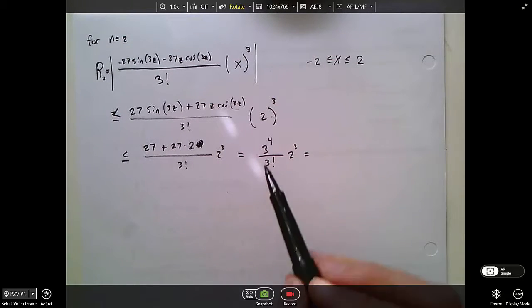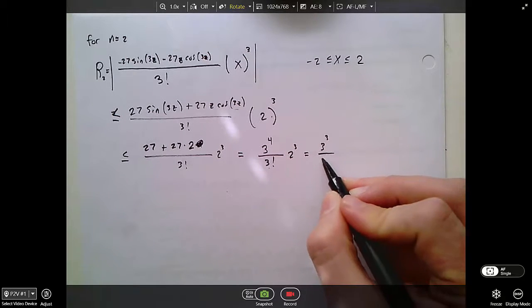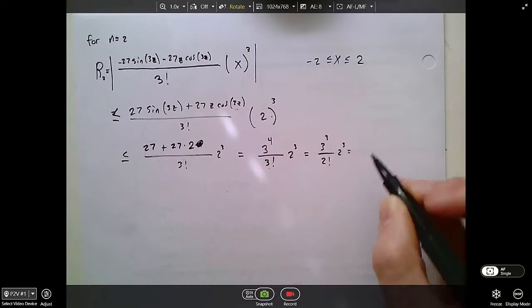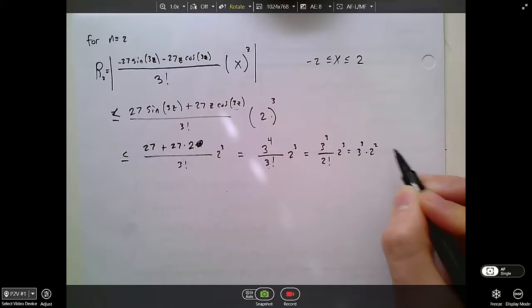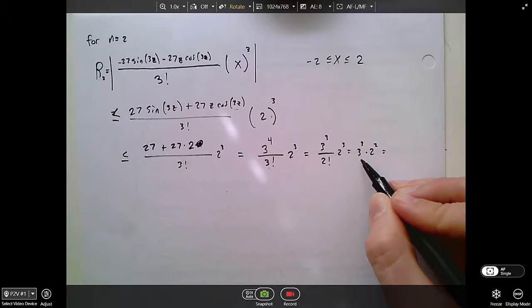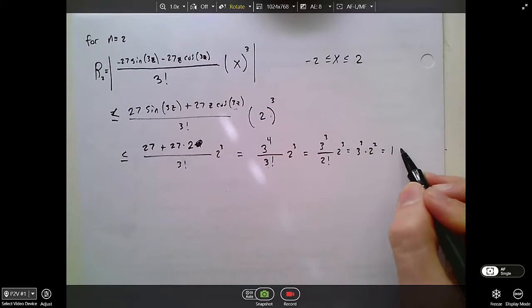So let's divide by one of those 3's. So that's 3 cubed divided by 2 factorial times 2 cubed. And so I'll cancel a 2 out with one of those 2's. So that gives me 3 cubed times 2 squared. That's nice. So that's, what, 27 times 4, which is 108.